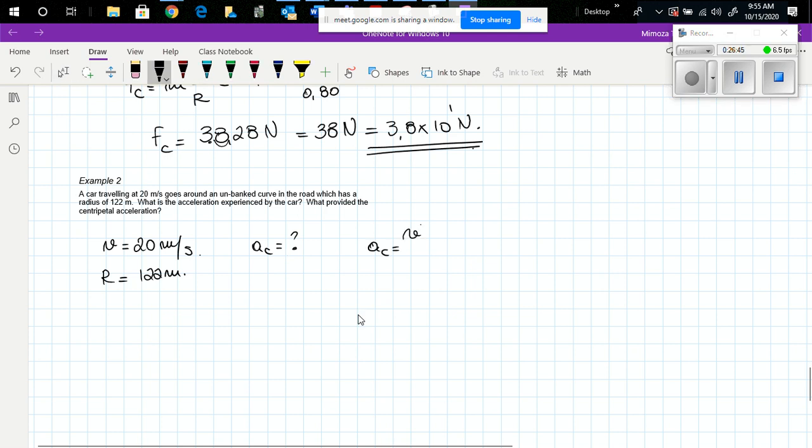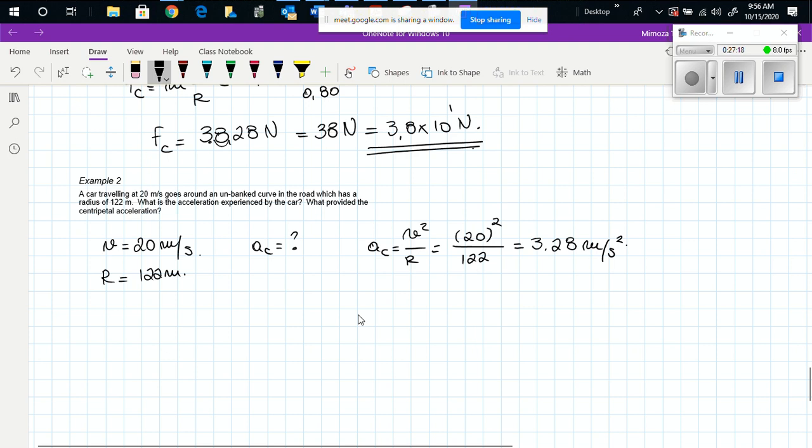So centripetal acceleration is v squared over r, or 20 squared over 122. And I'm avoiding the units here just because we know that what we are doing is giving us meters per second squared, or newtons in the case of the force.